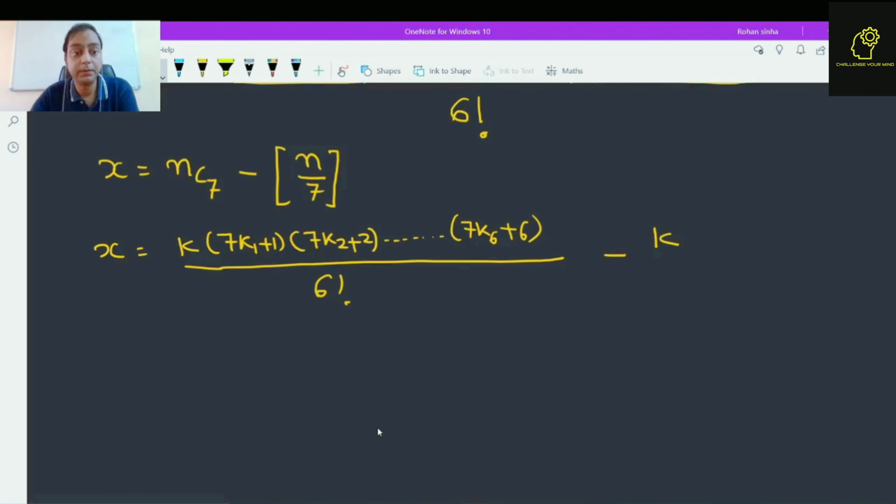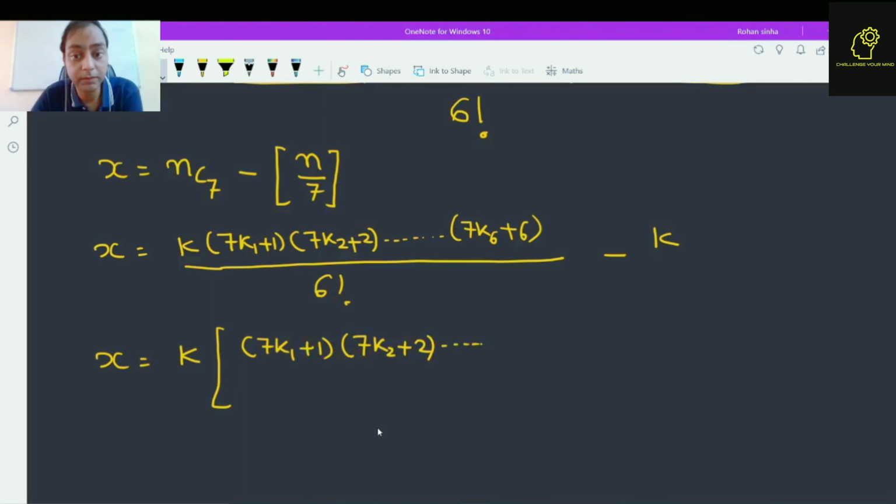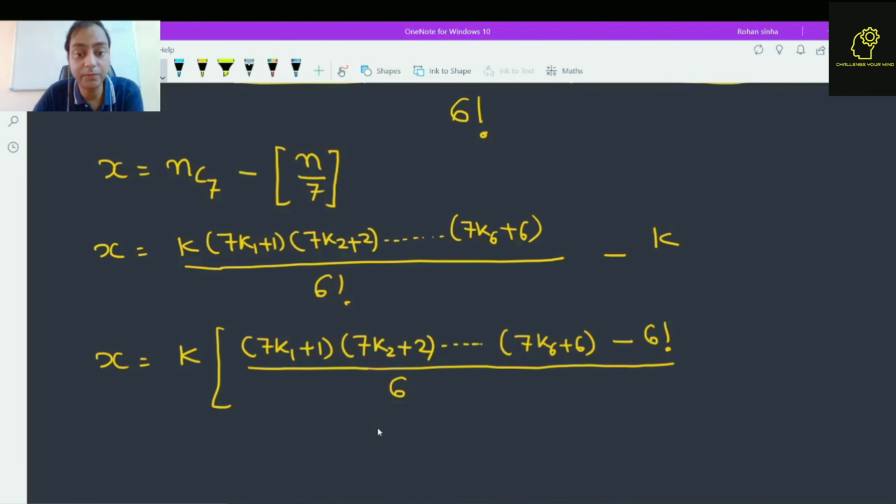Now, taking k as common, what you find? This is 7k1 plus 1, 7k2 plus 2, up to 7k6 plus 6, minus 6 factorial, whole divided by 6 factorial.